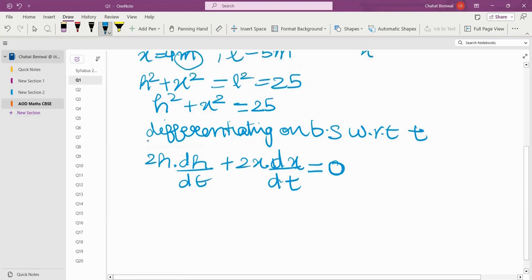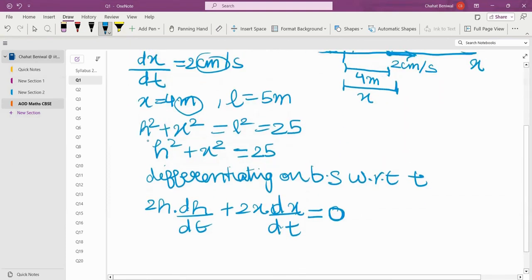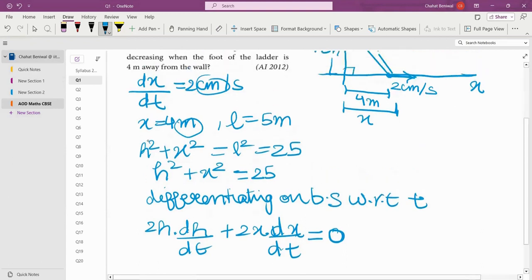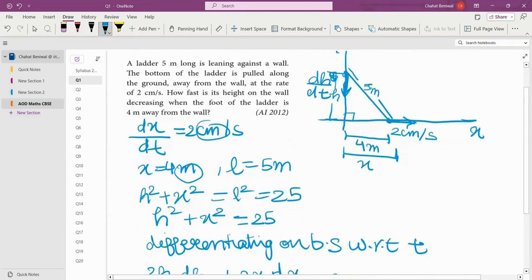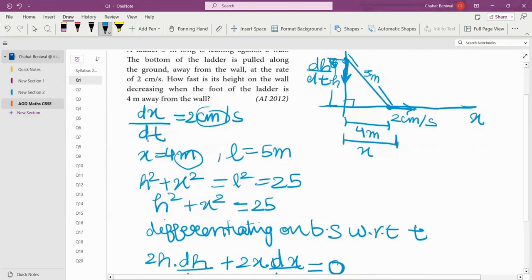Initially we are provided with some information. We know dx by dt, we know x. And do we know h? Yeah, we know h actually, because we know x is 4 and the length of the ladder is not going to change, so we can calculate h at that instant.